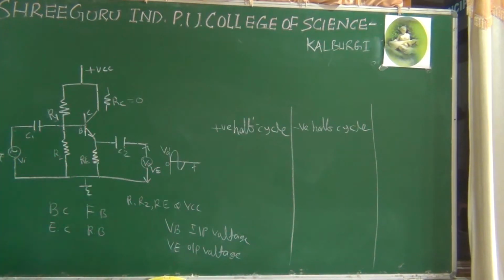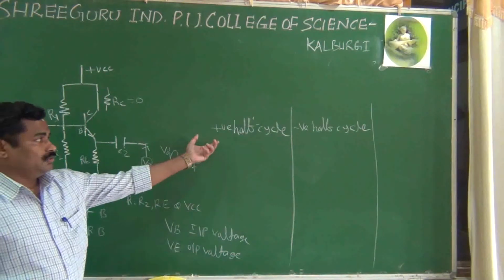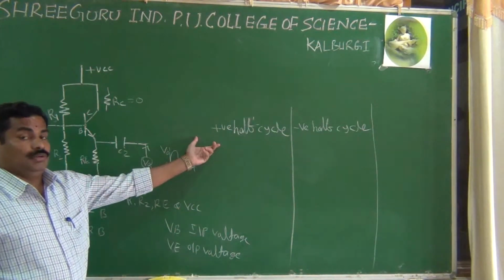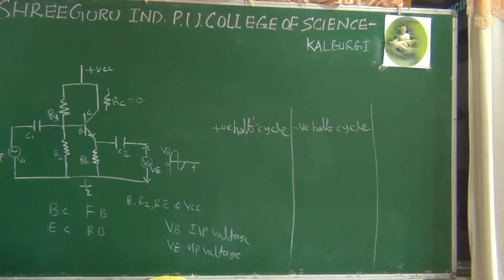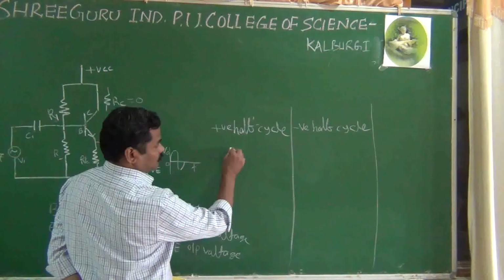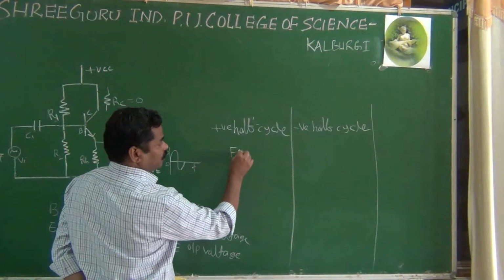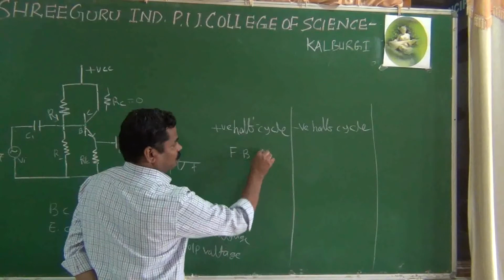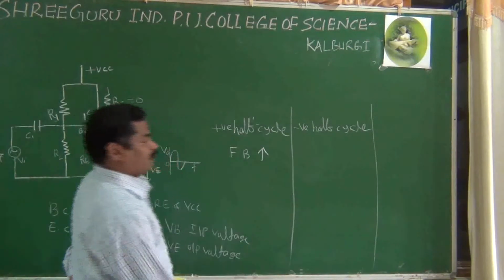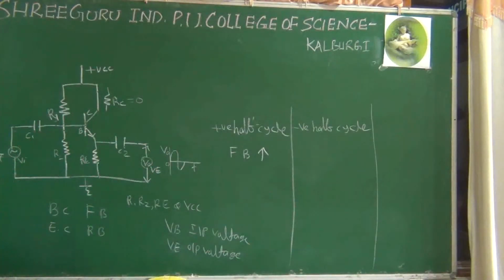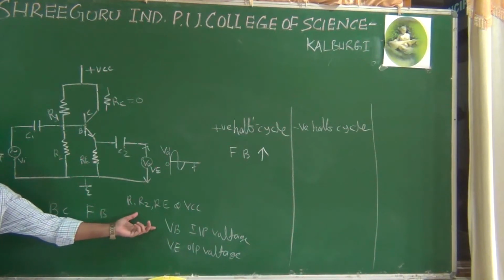If you apply the positive half cycle, then what happens? Because VB is already positive, the input is positive, that will increase the forward bias. Why does the forward bias increase? Because you are applying the positive half cycle, in which VB will be positive.